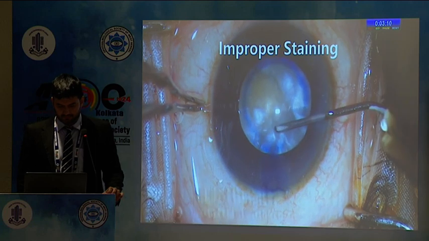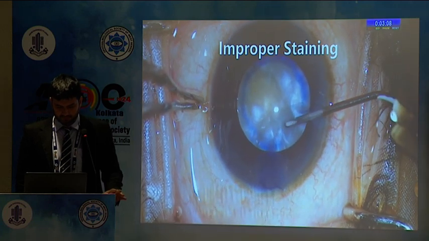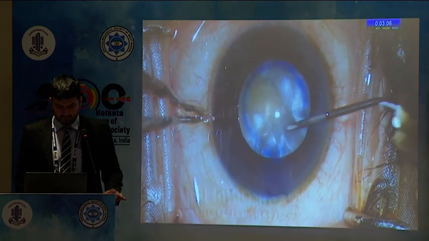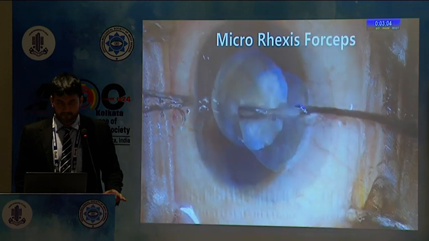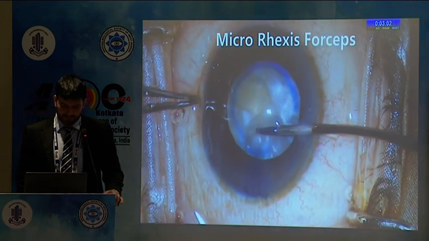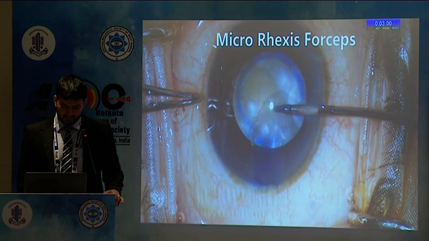Here, as the staining is not done adequately, it is difficult to visualize the rhexis. Thus, the microrhexis forceps comes to our aid here and we are able to complete the rhexis.